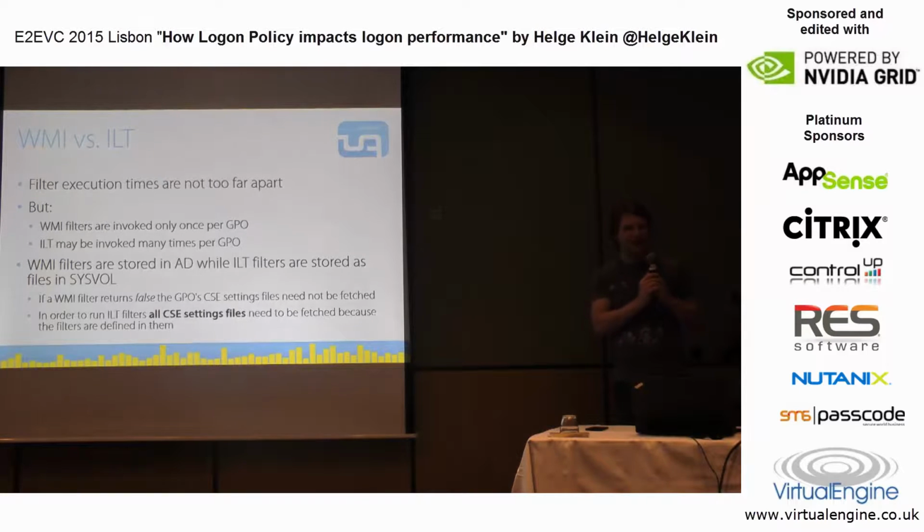So that is actually quite fast. But item level targeting, the filter string, is stored in those XML files we've seen earlier. So all of those XML files have to be fetched from the domain controller first before they can be evaluated. And in some cases, if it turns out that the settings don't have to be applied, all this fetching, all that delay was for nothing.